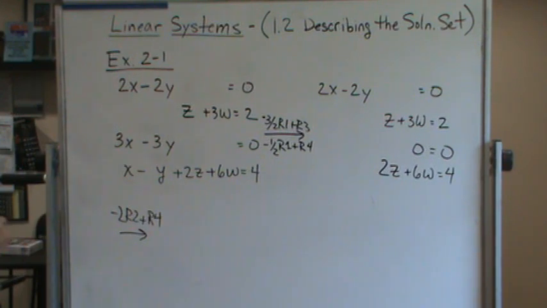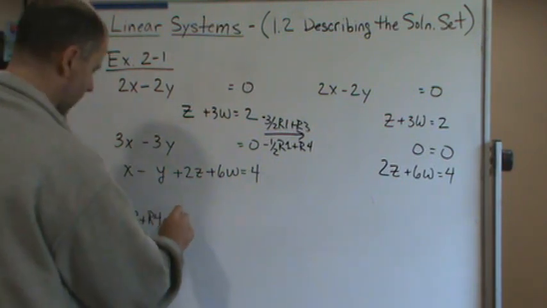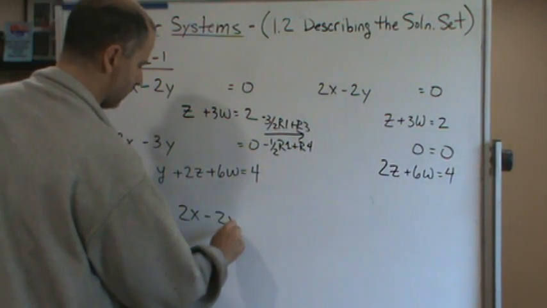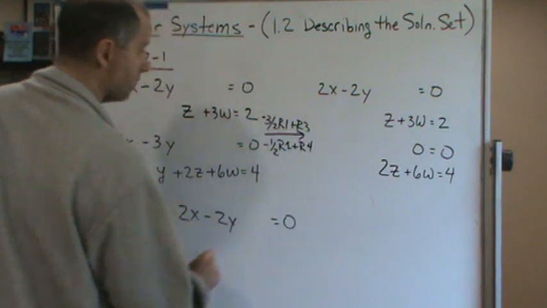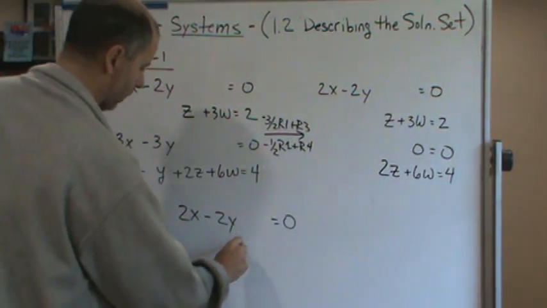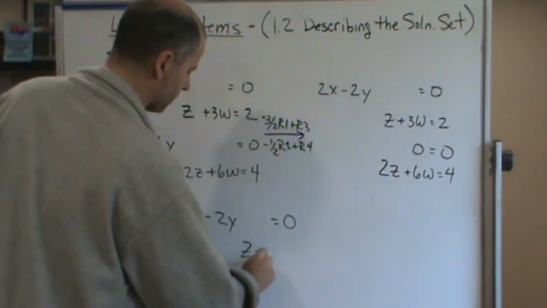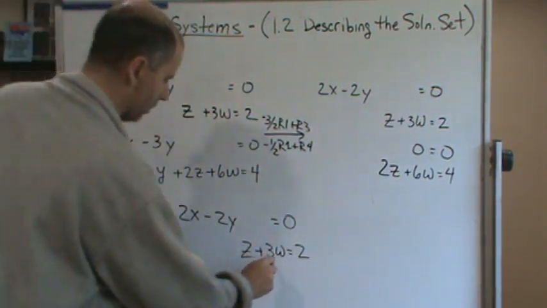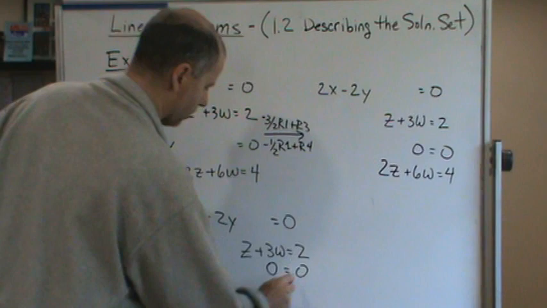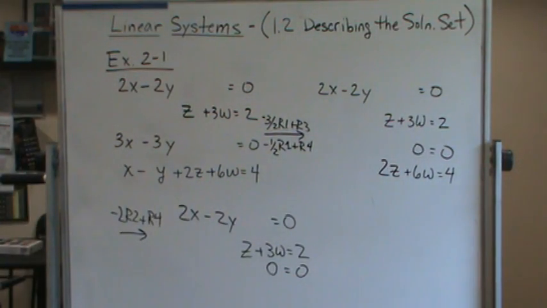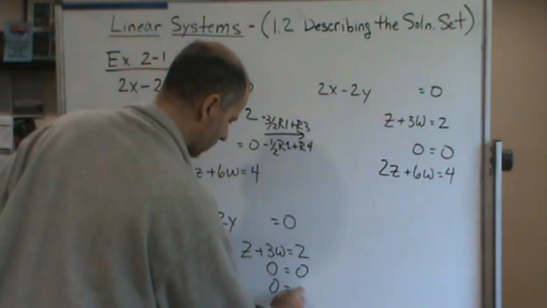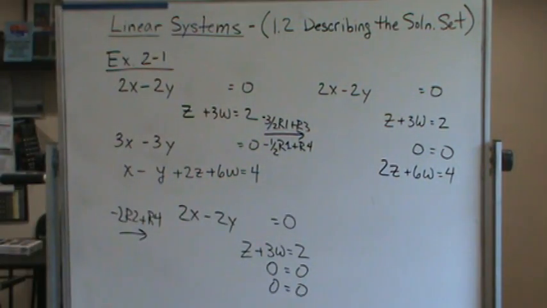Obviously the first and third rows are going to stay the same. So we end up with 2x minus 2y equals 0, z plus 3w equals 2, 0 equals 0, and the bottom row is going to end up being 0 equals 0 as well.